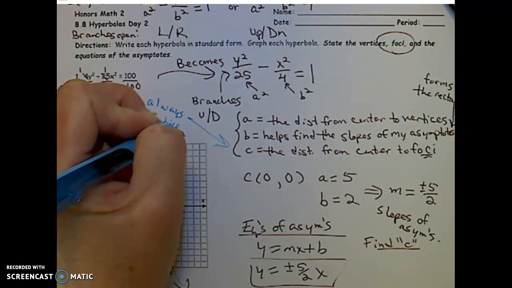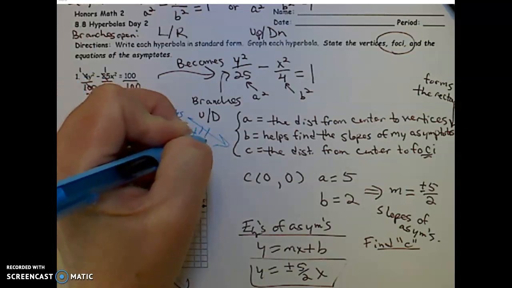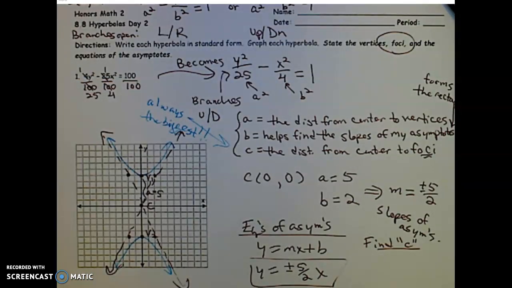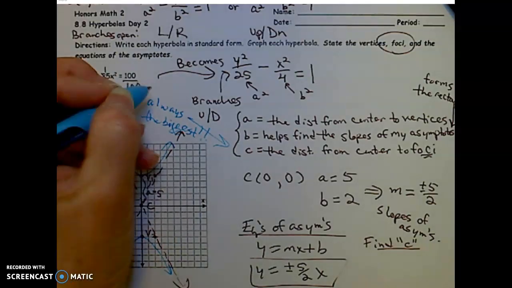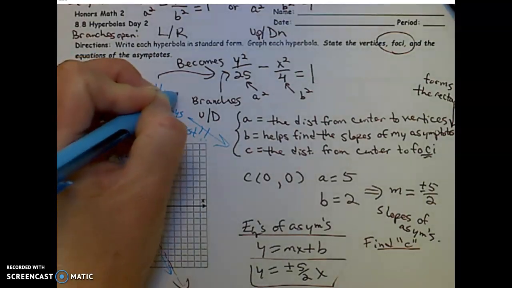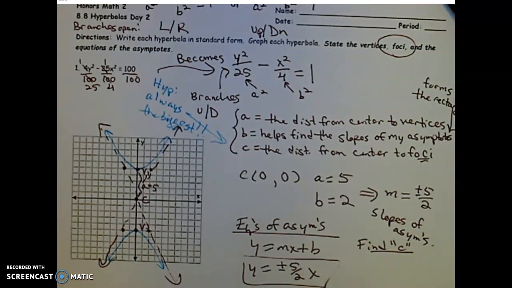In an ellipse, we'll start reviewing this weekend also, it depended which direction my ellipse opened, if A was bigger or B was bigger. But in a hyperbola, C is always the biggest. So when I go to find C, I'm going to use this version of the Pythagorean theorem that C squared is the biggest.